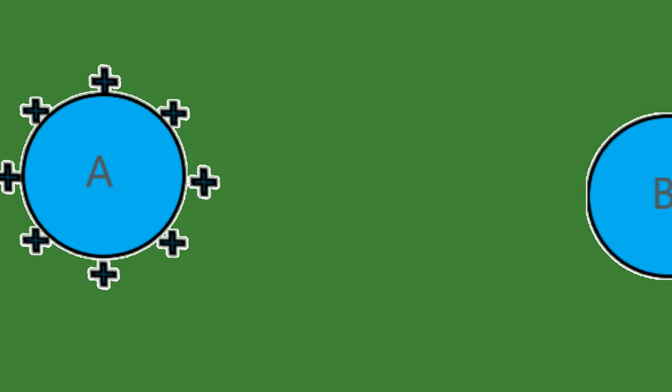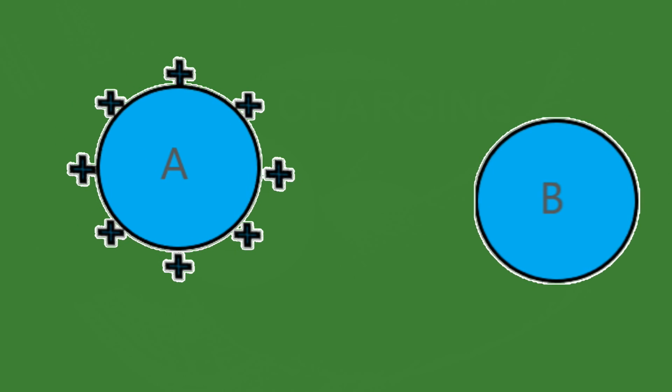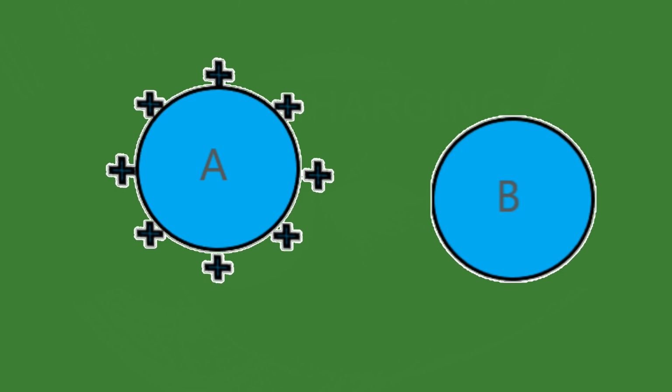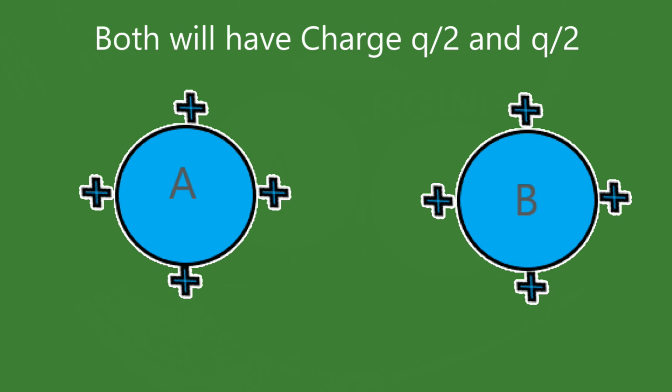When you touch these two conductors, A and B, they will share the charge, and the charge will be distributed. If the shape and size are the same, both will take half the charge. So now A will have Q by 2 and B will also have Q by 2. That depends upon their shape and size, which we will discuss in some other topic.